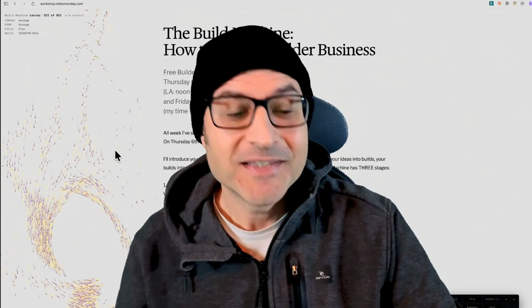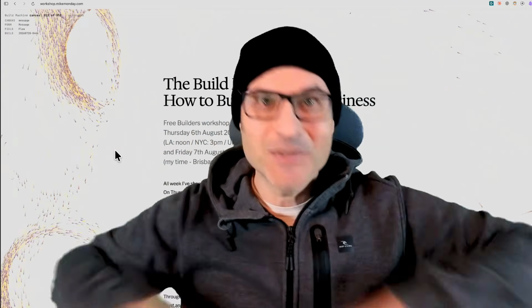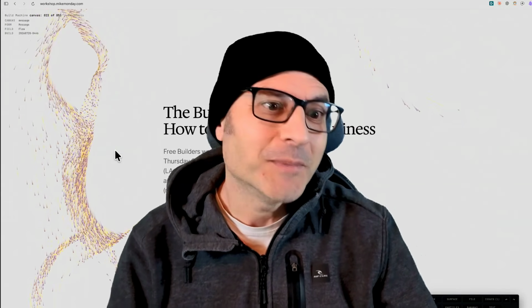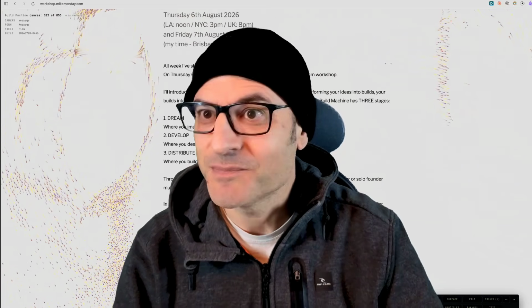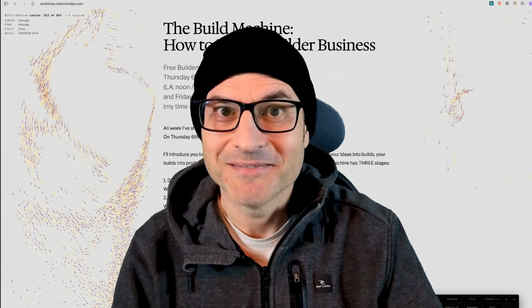Why are these particles doing this? This is expressing what I'm trying to help people do in the build machine. Feel flow in the creative process and release these wonderful things into the world. So that's the why. And the what is, well, I want to make it look cool and for it to be functional, for these particles not to cover up the copy and for it to still be clear, right? And this is what I mean.